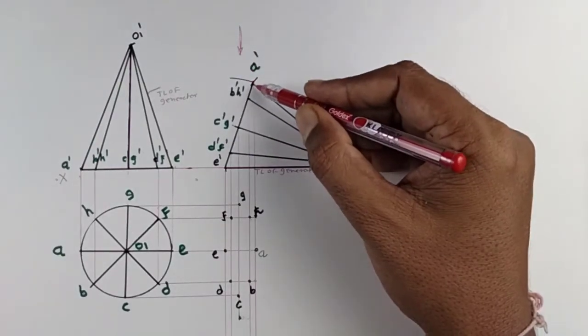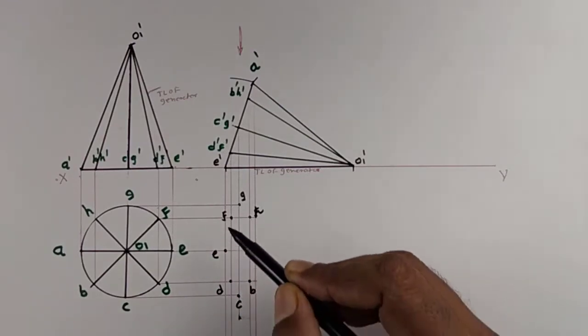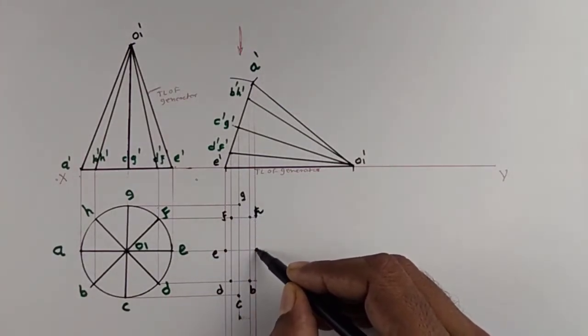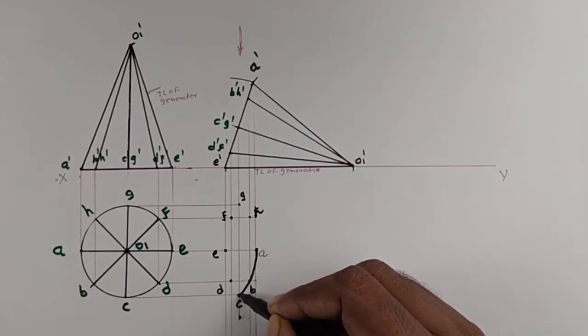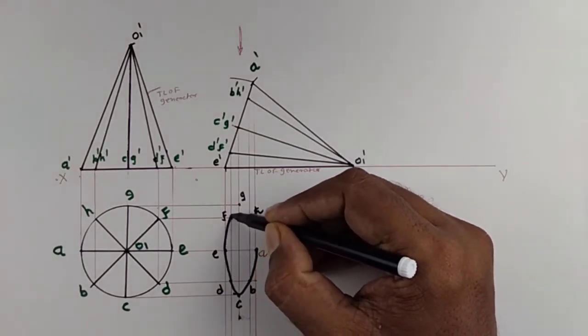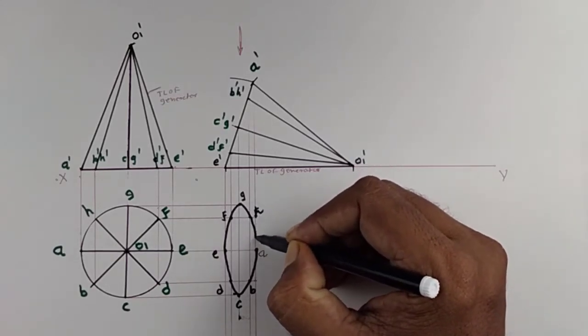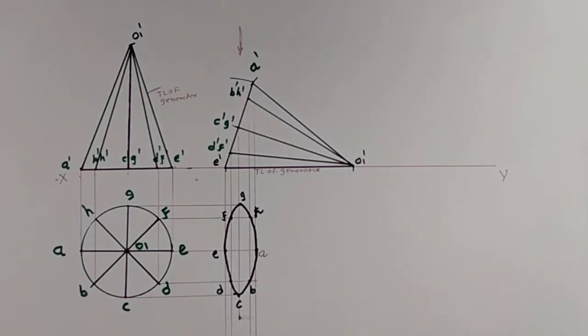The base is fully visible, so we can join all the points with smooth curves: AB, BC, CD, DE, EF, FG, GH and HA. The circumference of the cone from the top view orientation is fully visible.